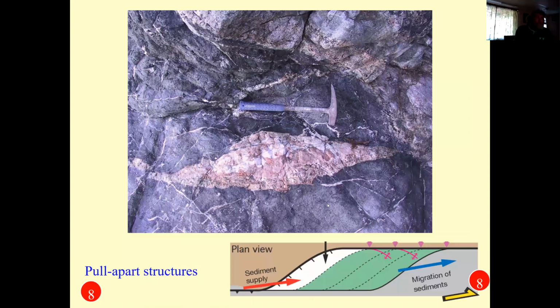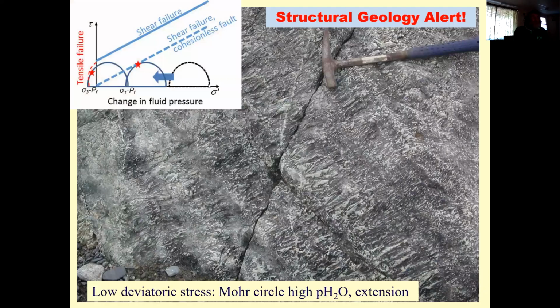Well, in a Mohr circle sort of approach, if we have low deviatoric stresses, in other words, the difference between sigma 1 and sigma 3 is low, and we increase the fluid pressure, and we know appinites and the magmas are rich in fluid, the Mohr circle migrates back towards the Mohr envelope and actually intersects it in the negative field, and we end up with tensile fractures.